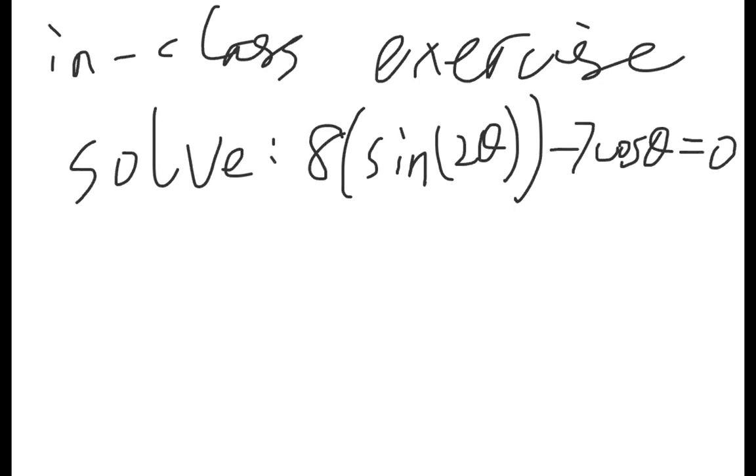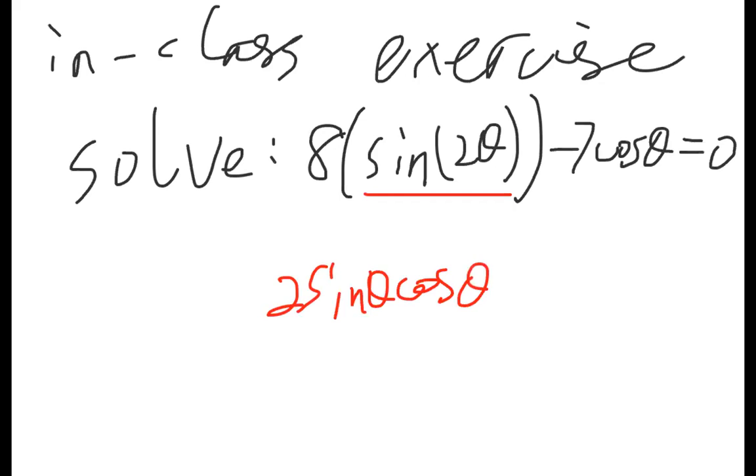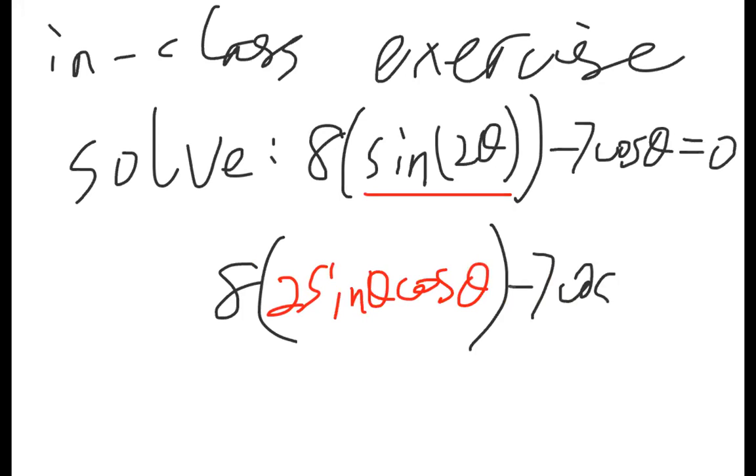All right, let's do this. So again, we use the double angle formula for sine of 2 theta, which is 2 sine theta cosine theta, something like this.